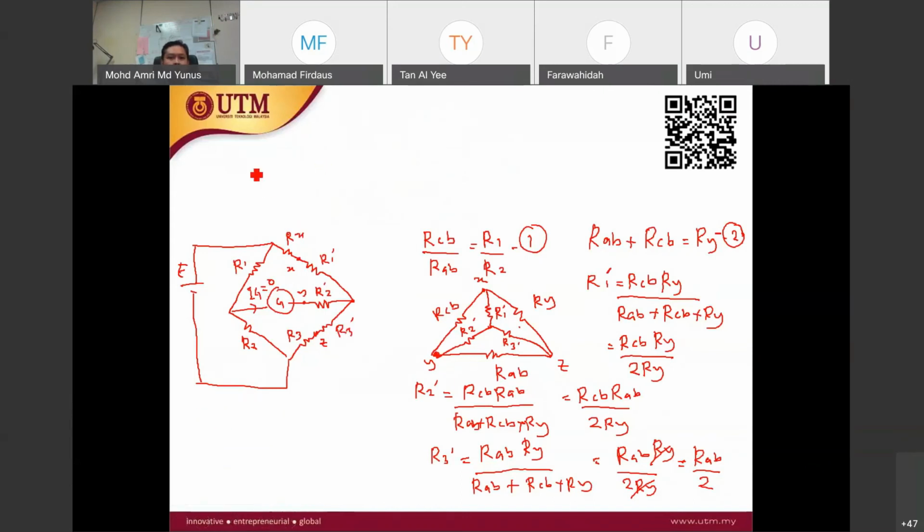Okay, so at balance, we know that R3 plus R3 prime divided by Rx plus R1 prime is equivalent to R2 over R1. Right.